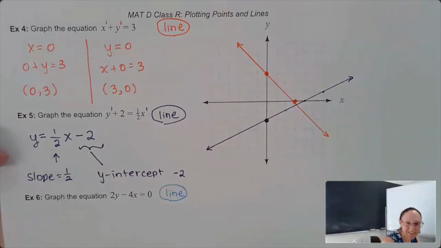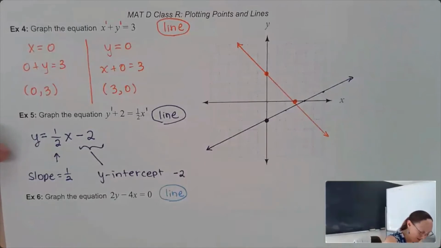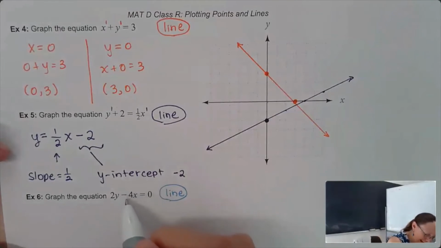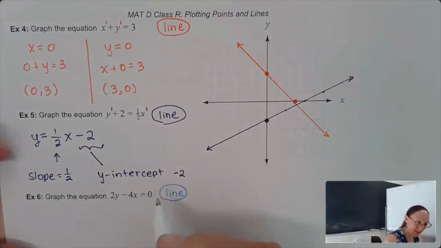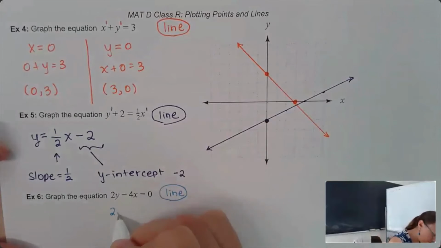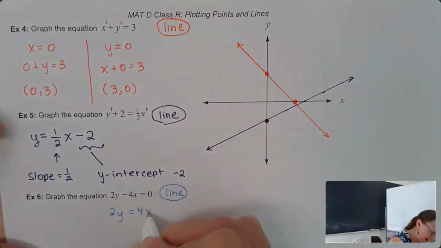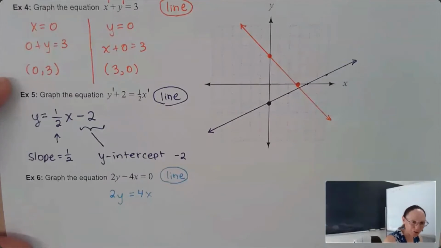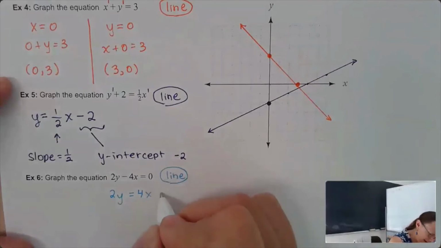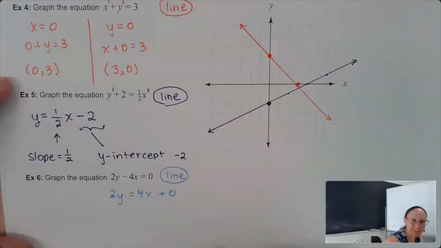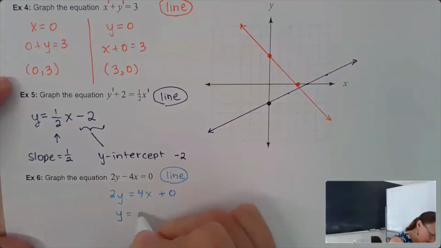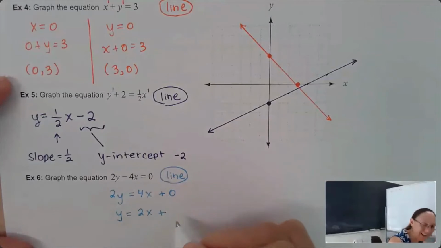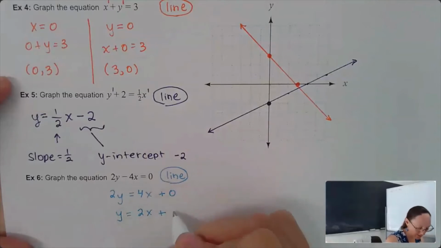So if I get this into slope form, then I'm going to want to add the 4x to both sides. So I end up with 2y is equal to 4x. Now, we can keep the 0 if we want to, right? We can keep this saying 4x plus 0 and then divide everything through by 2. So I would have y is equal to 2x plus, and 0 divided by 2 is still 0.